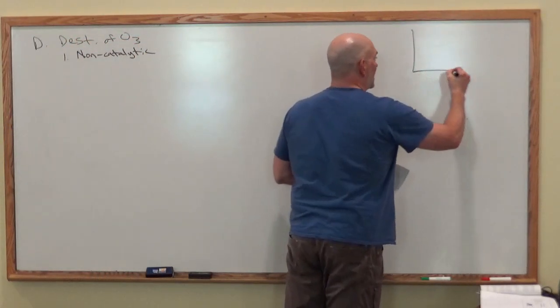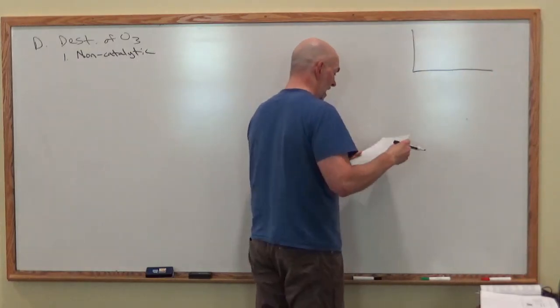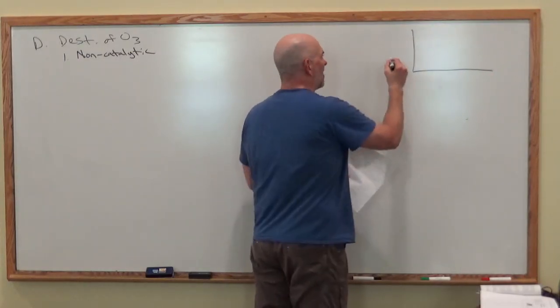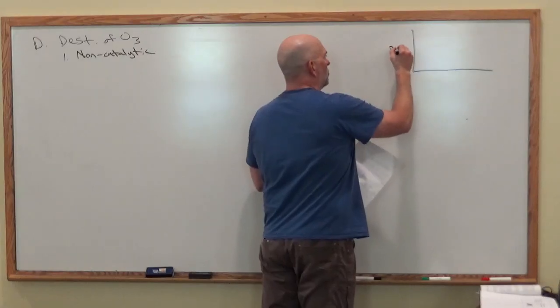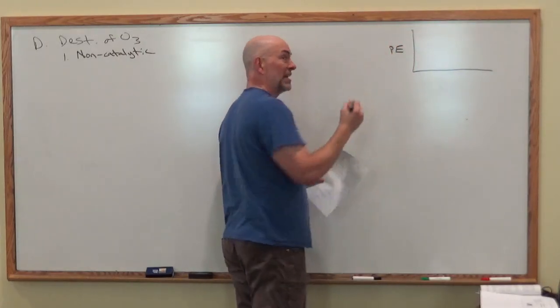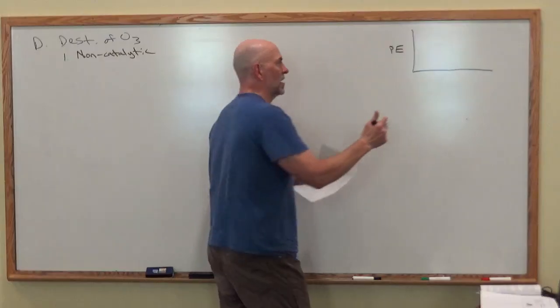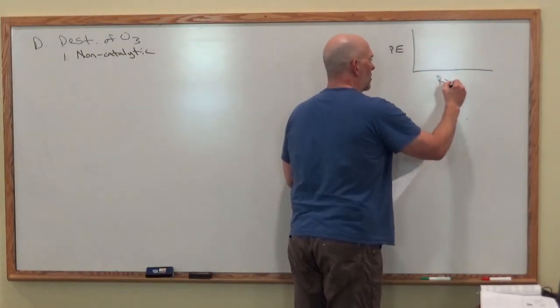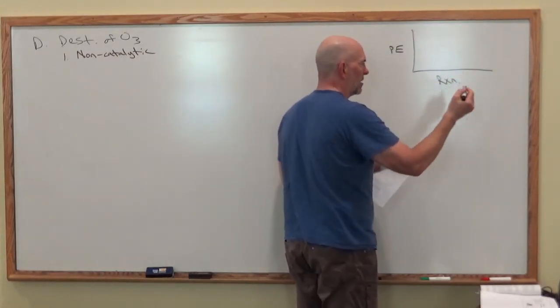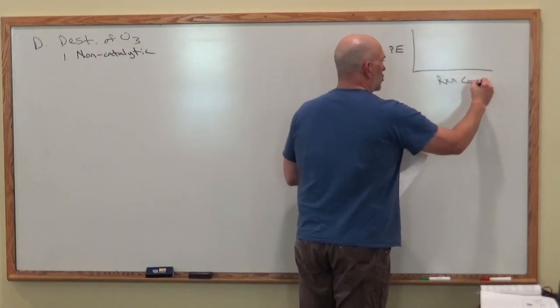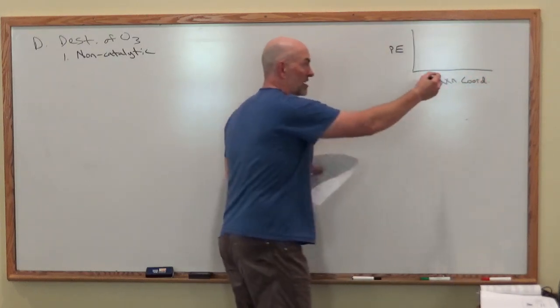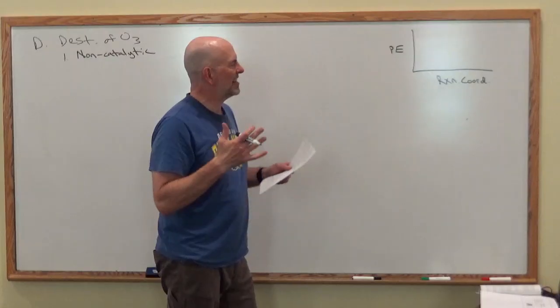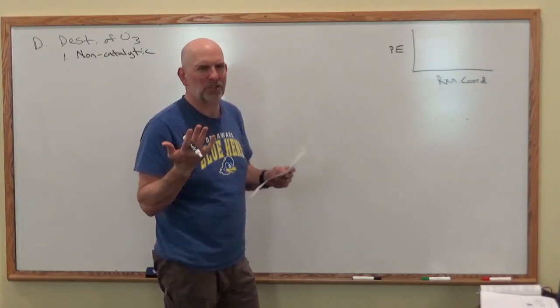So this is again the kinetics chapter, and this is a theoretical graph, by the way. So if you graph potential energy, PE, on the y-axis, versus what's called the reaction, RxN is a common abbreviation, coordinate. Now, this is conceptual.